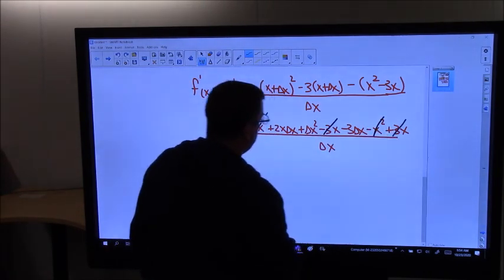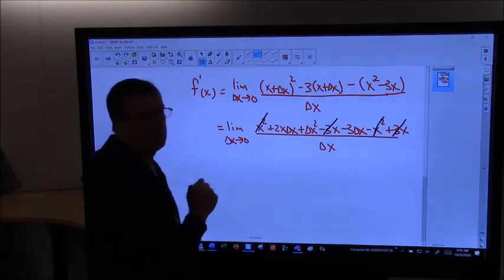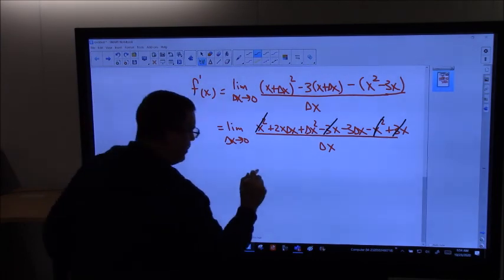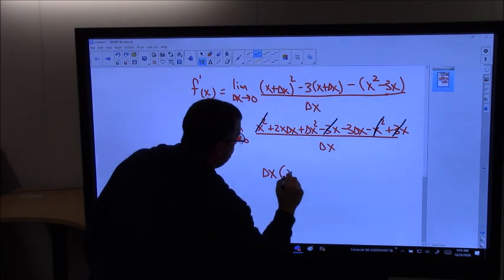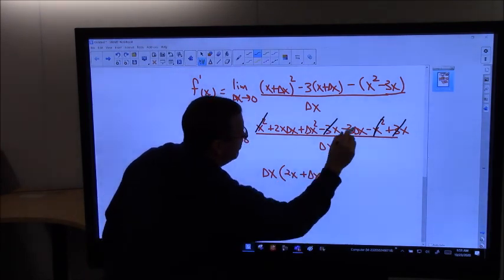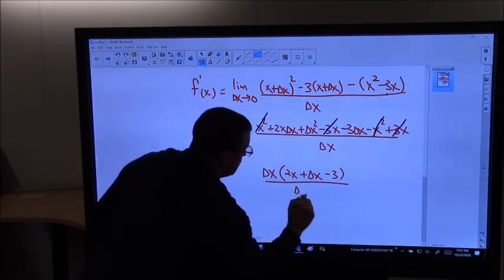-3x plus 3x, that's 0. I can see a delta x in each of those. So I'm going to go ahead and factor it out now. Try and create one less step. So delta x, and I've got 2x plus delta x minus 3 all over delta x.